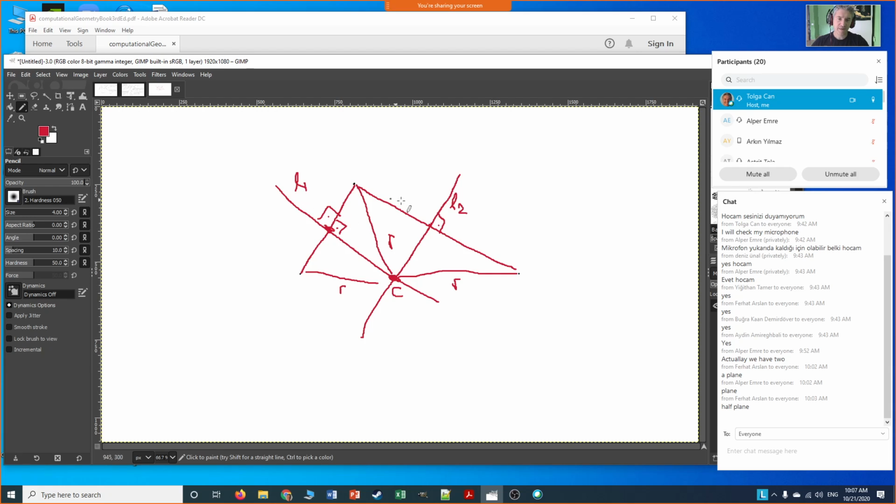What if L1 and L2 are parallel to each other? When can such a thing happen? Just think about two lines that do not intersect. Which means that we will not have a circle that passes through 3 points. Any answer in the chat box?